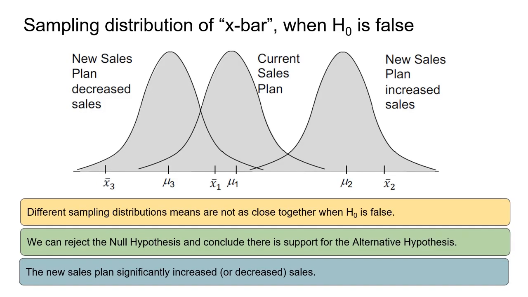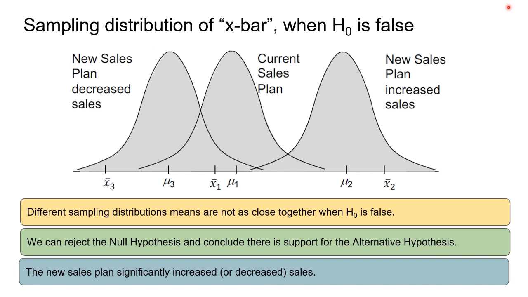So this is how we may think about this visually if we plotted each framing. In the middle distribution, we have my current sales plan with an average of about $1,000 of sales per day. The other two distributions are the ones we care about understanding because they reflect what happens with the new sales plan.